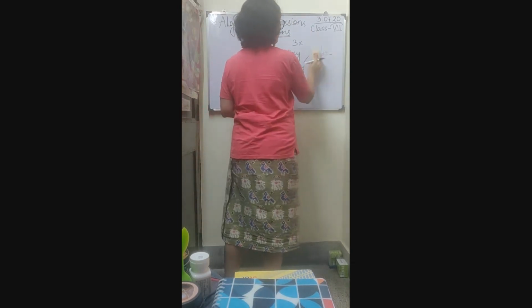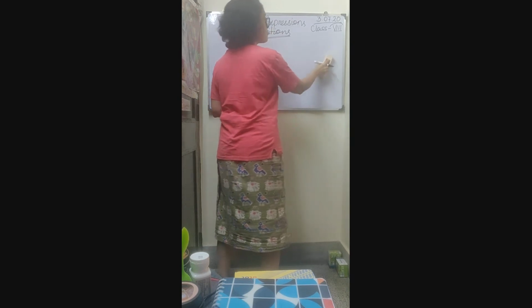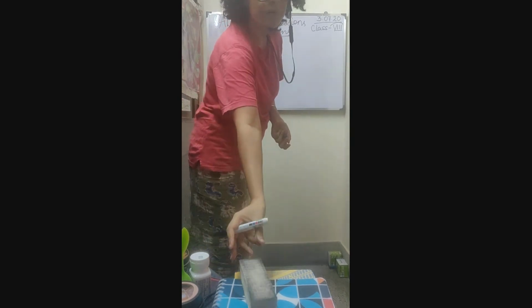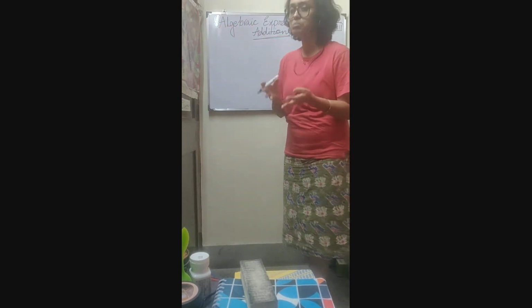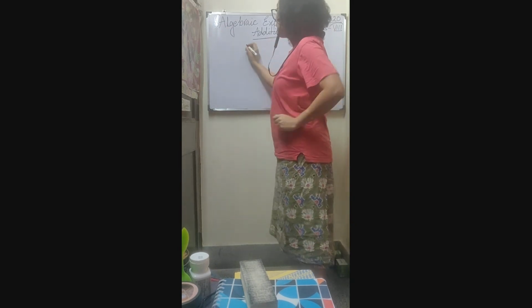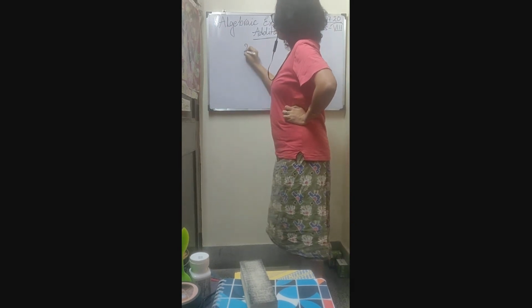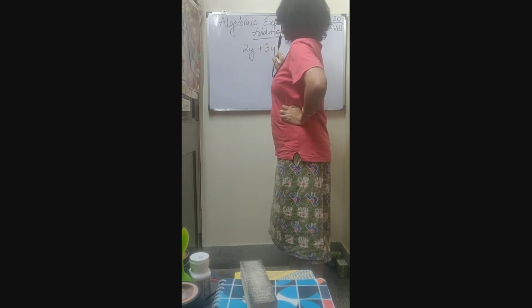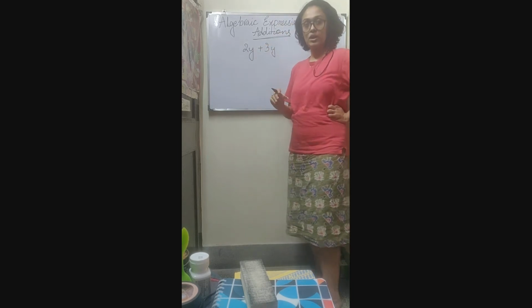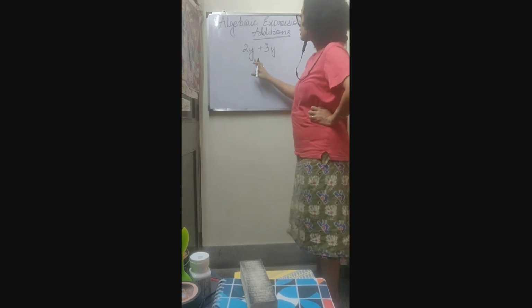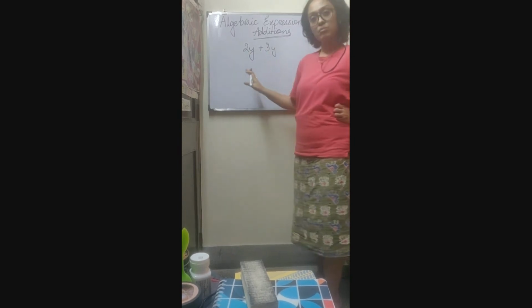What do we do if the variables are the same and we are adding something? Let me begin with a monomial. Very simple one. Let me write the example that I have given. 2y plus 3y. So here the variables are the same, isn't it?